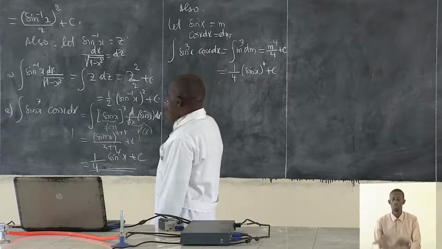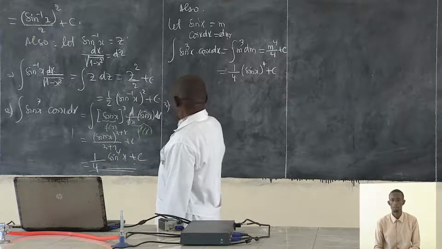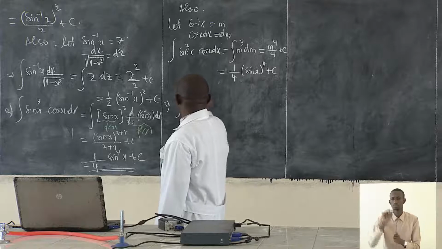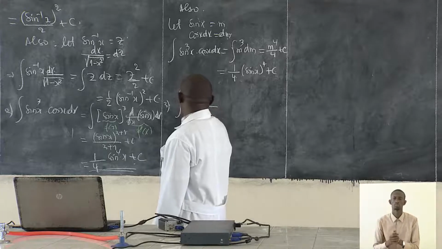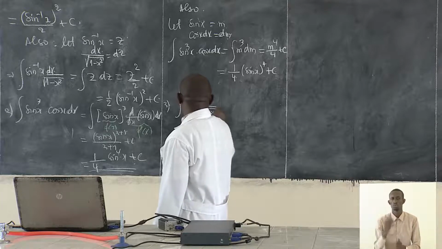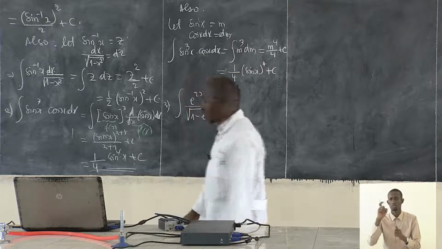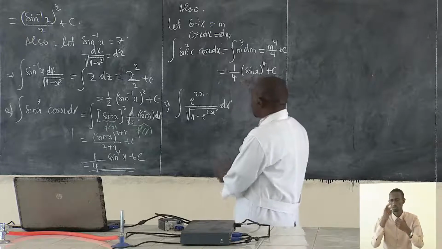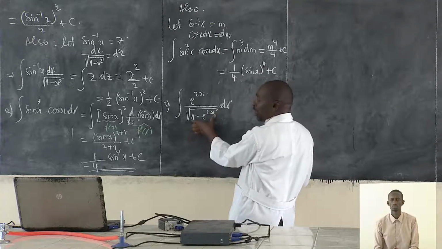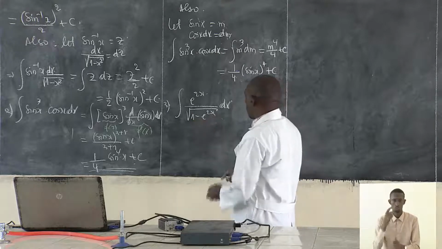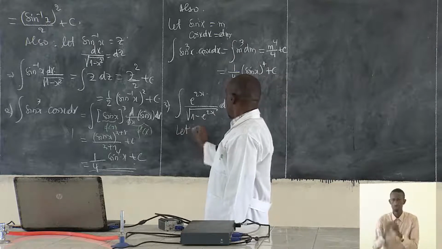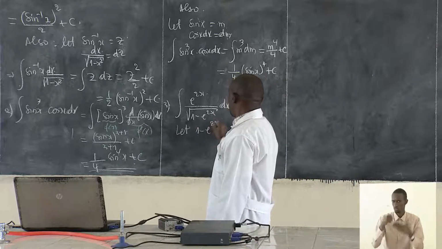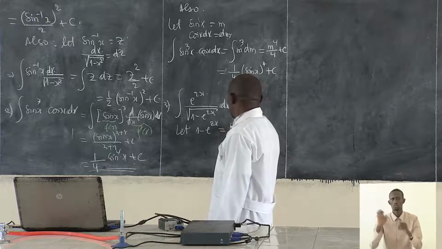Number 3, we have the integral of e power 2x divided by square root of 1 minus e power 2x dx. So by change of variable, the challenge is this expression under the root sign. So we let 1 minus e power 2x be t, for instance.